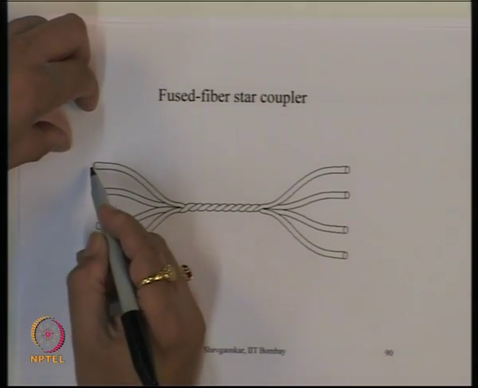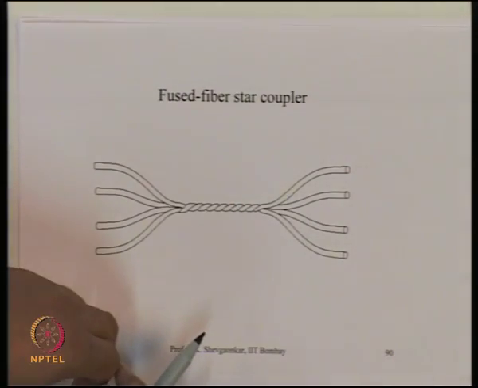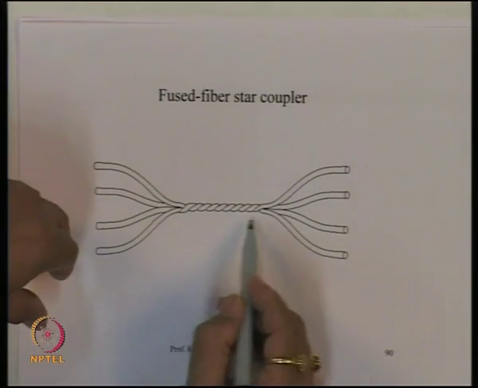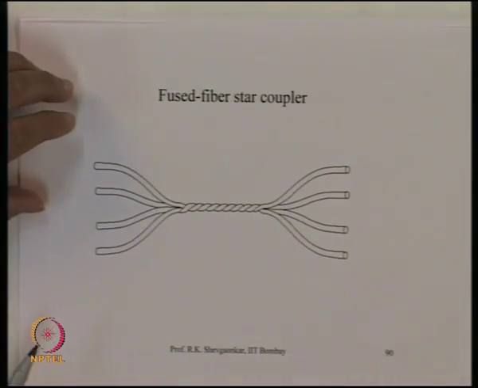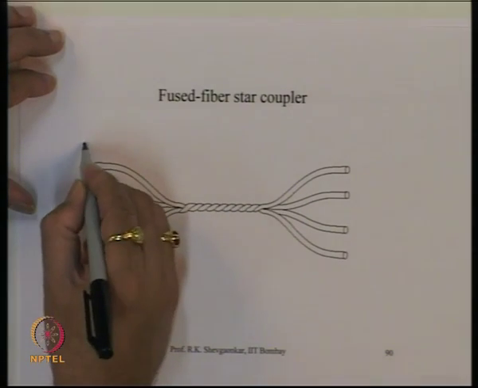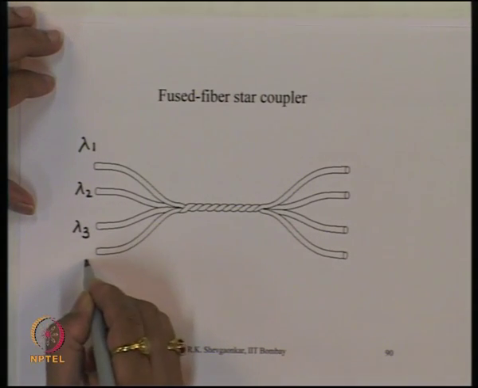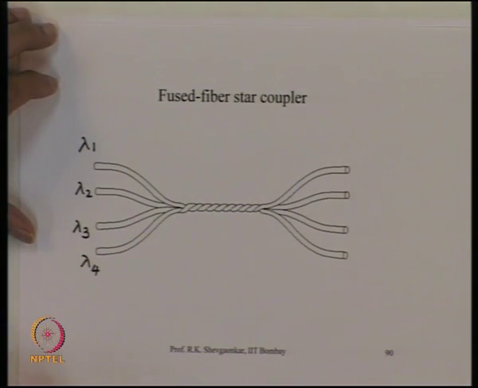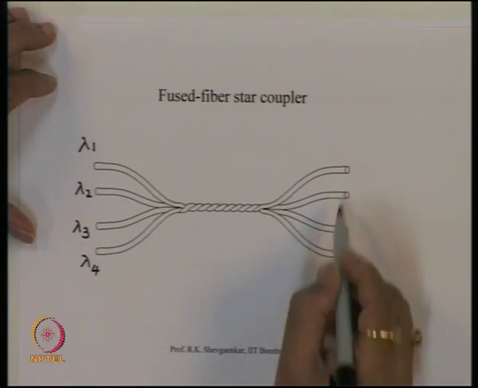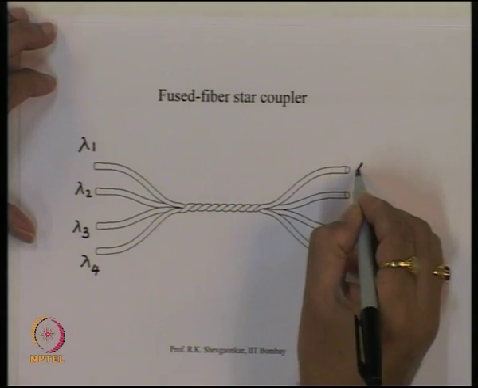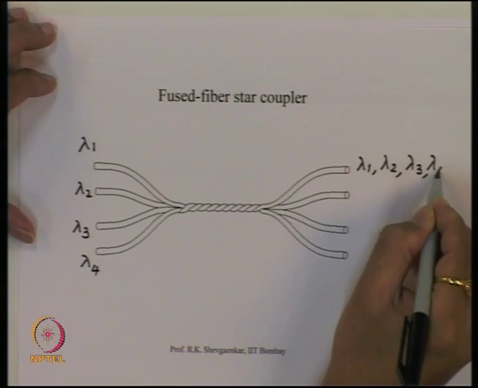So, if the signals are coming at different wavelengths, all wavelengths essentially will get combined into one, and then from this common area all the wavelengths will again get divided to all the users. So, let us say I have lambda 1, lambda 2, lambda 3, lambda 4 wavelengths, they all will get combined, and each one of the outputs would have wavelengths lambda 1, lambda 2, lambda 3, lambda 4.